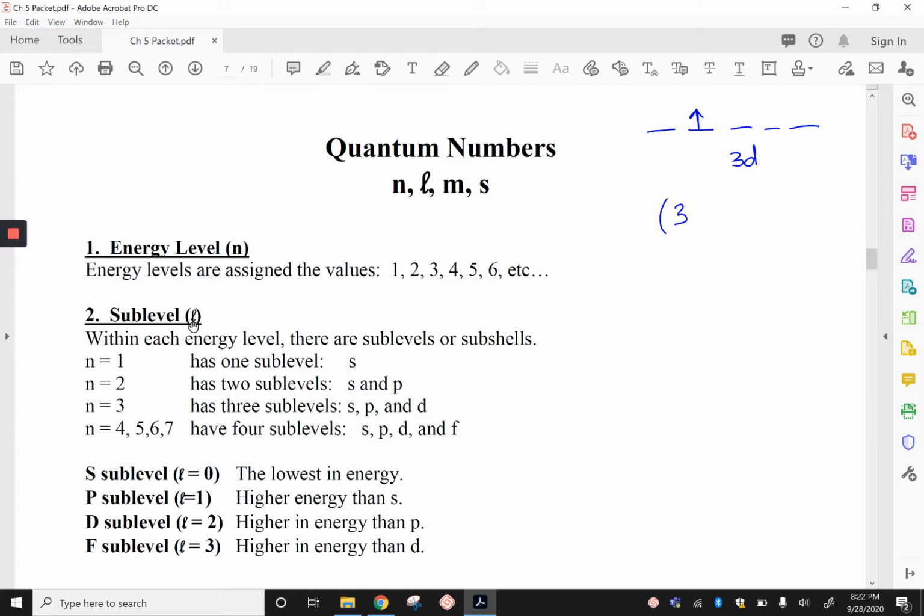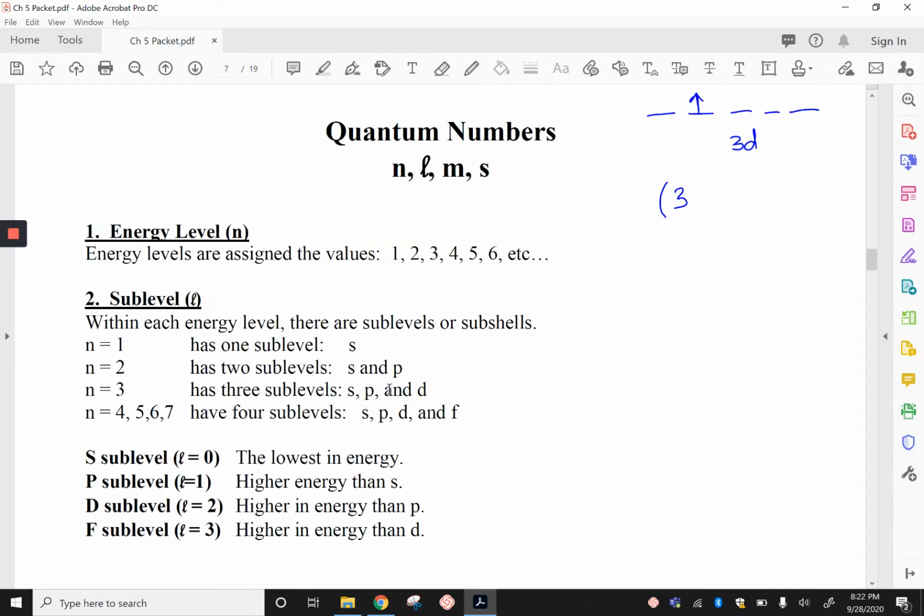Next is the sublevel, and that gets the symbol lowercase l. And the sublevels, remember, they get letters, s, p, d, f. Theoretically, there's more, g, h, and so on, but s, p, d, and f are the ones that we use so far based on the elements we've discovered. And remember, we said s is the lowest in energy, then p, then d, then f.